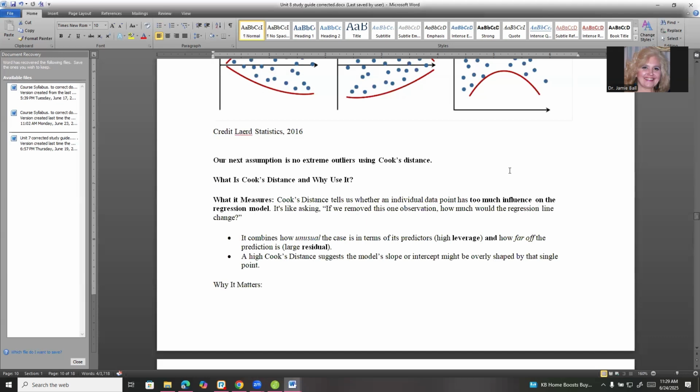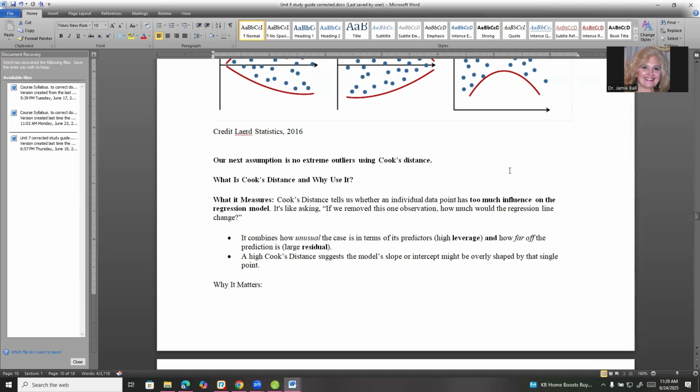Cook's distance will identify an outlier that is having an extreme influence or too much influence on the model. It could be causing violated normality, violated linearity, or whatever. So that's why we identify them. Okay?